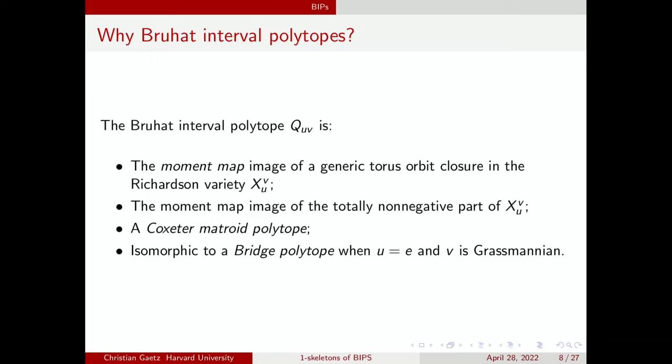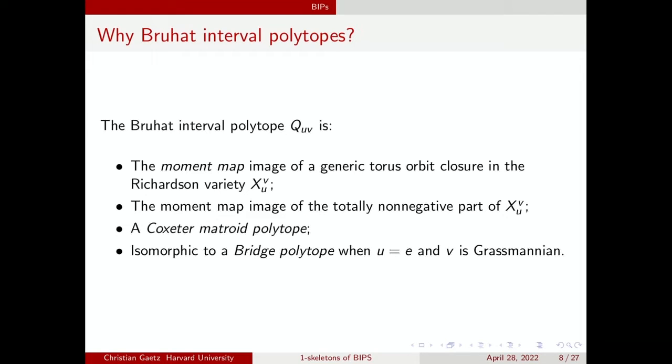So these are certain interesting toric varieties, if you like to think about toric varieties. And in particular, the vertices and edges and faces and so on of this polytope tell you things about the torus orbits in this interesting toric variety. It's also the moment map image of the totally non-negative part of this Richardson variety.